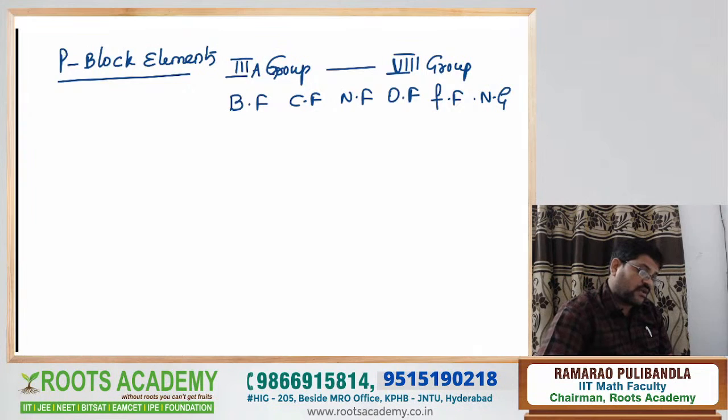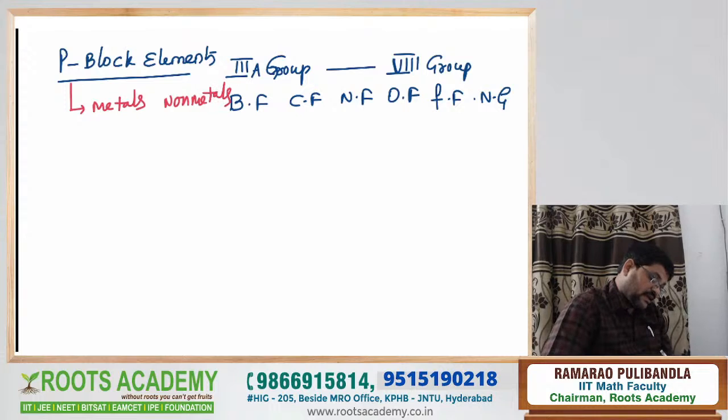That's why in P block elements, all kinds of elements are available. Metals, non-metals and amphoteric elements are available.